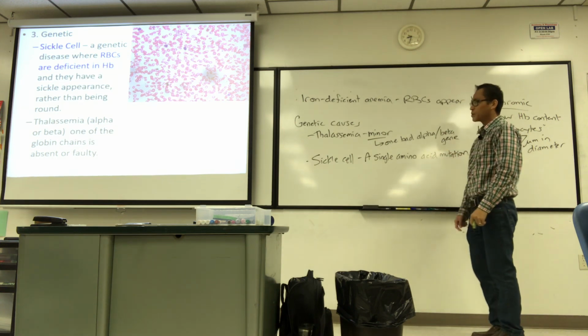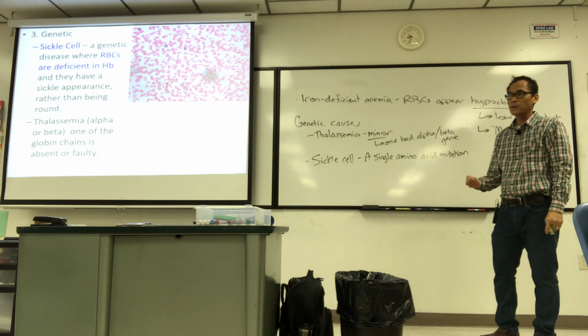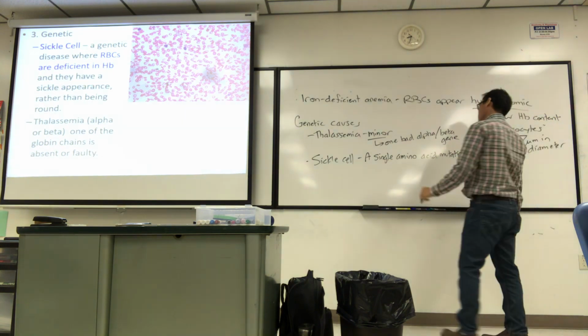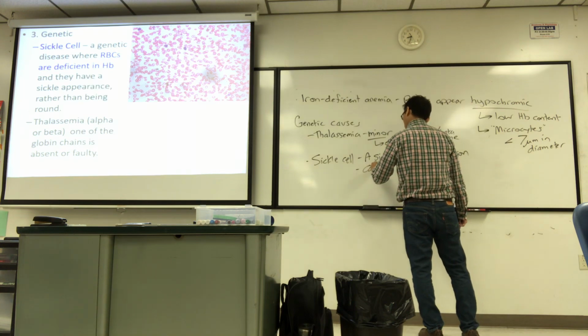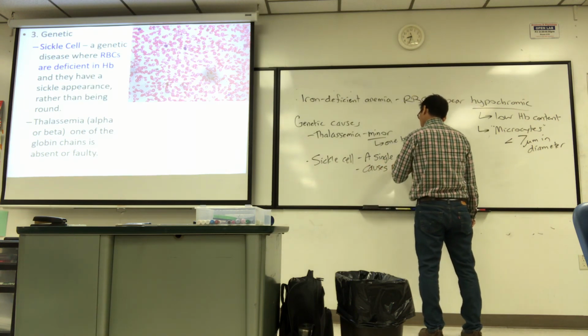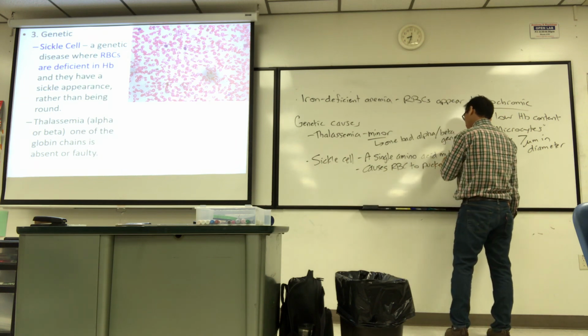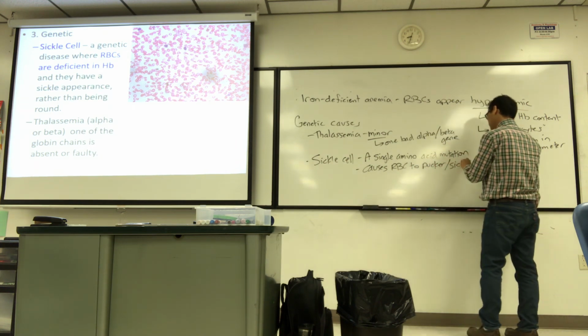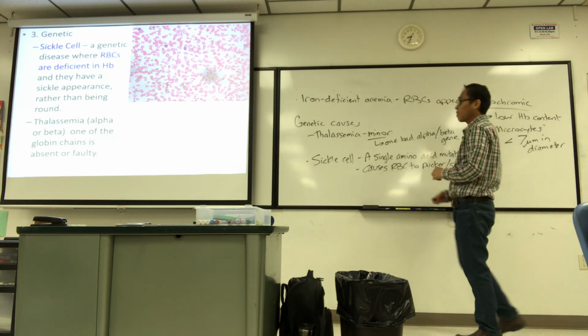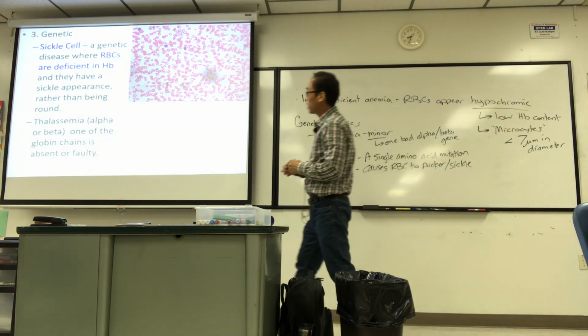That mutation makes the whole cell pucker or sickle. It causes the RBC to pucker, sickle. Hence the name, sickle cell anemia. And that's what's shown here.